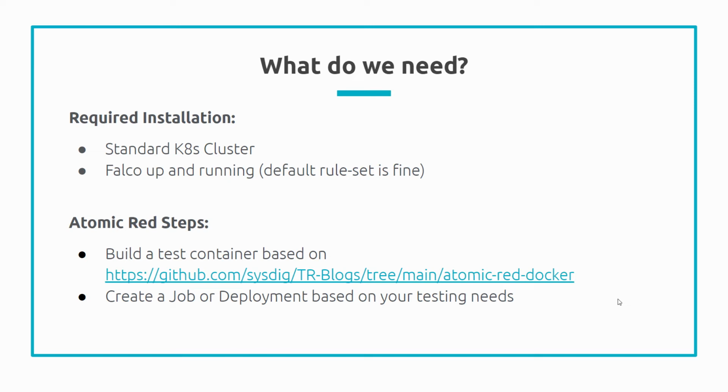The next step is you need to build a test container based on the Atomic Red Docker container we provided in our GitHub, which is of course publicly available. And in regards to your tests, you should either create a job, so a single running instance of this container, or a deployment where you can, that sounds funny now, but you can execute a shell into the container.